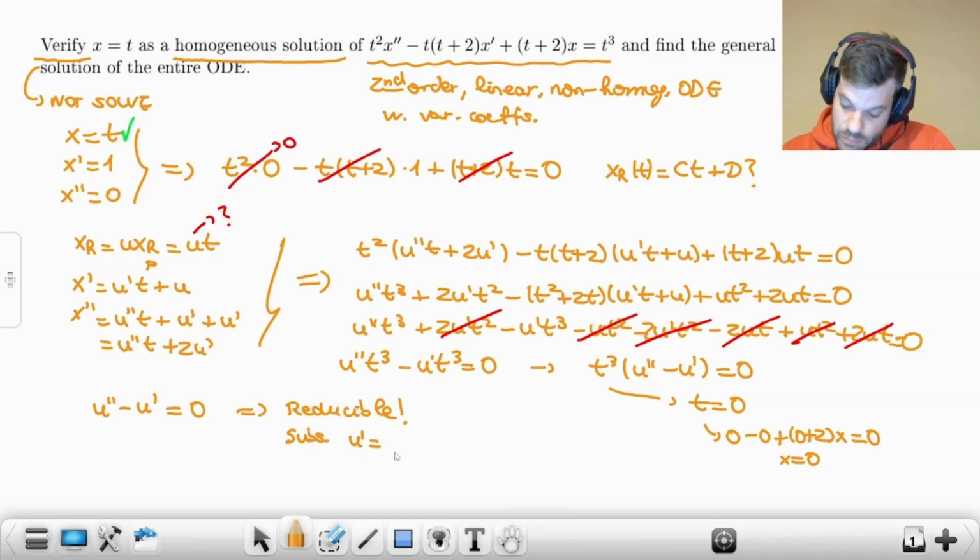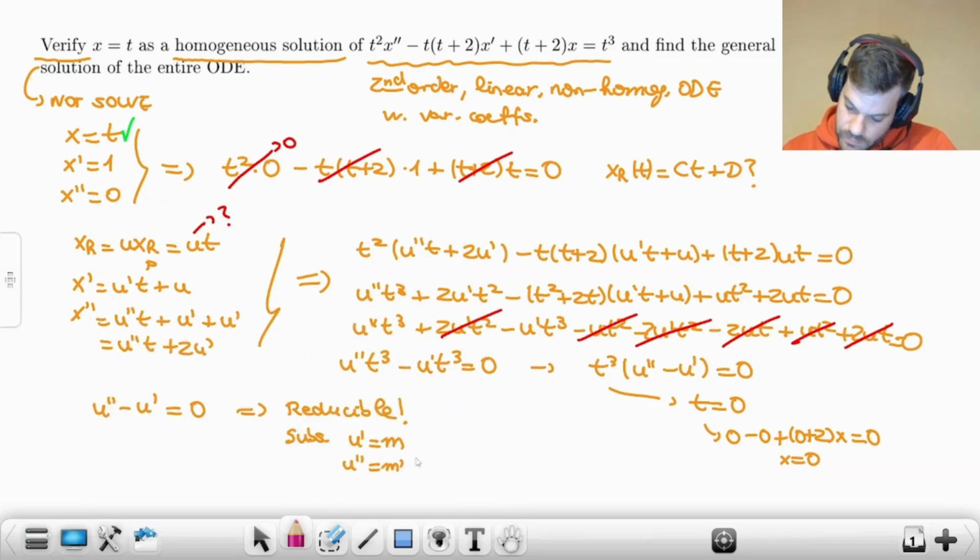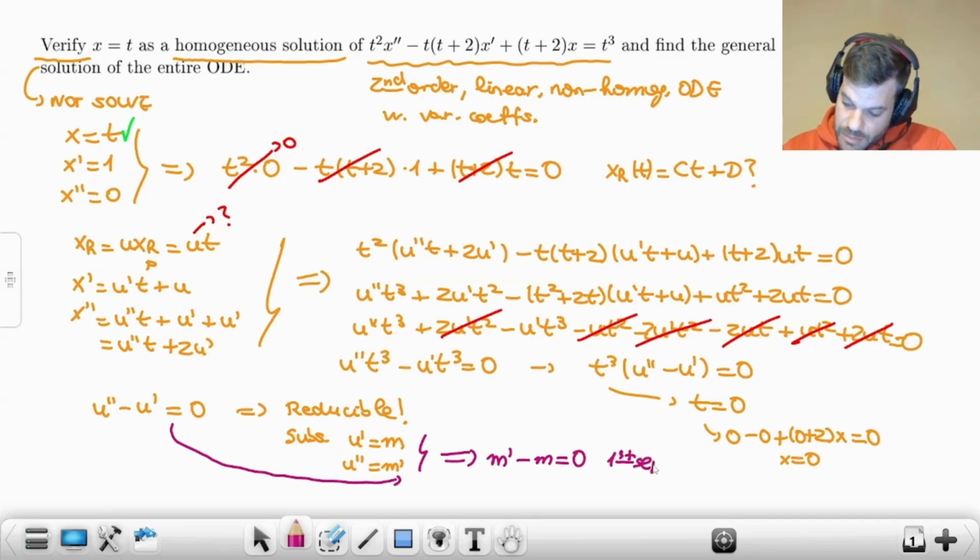If u prime equals, rename it m, then u double prime equals m prime. So we obtain m prime minus m equals 0, which is first order separable. Let's solve it next slide.